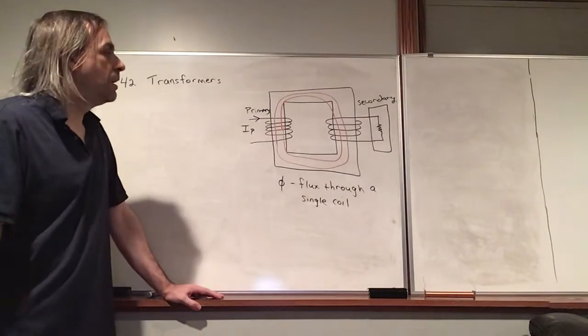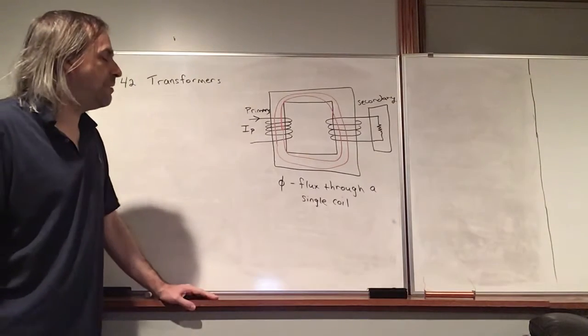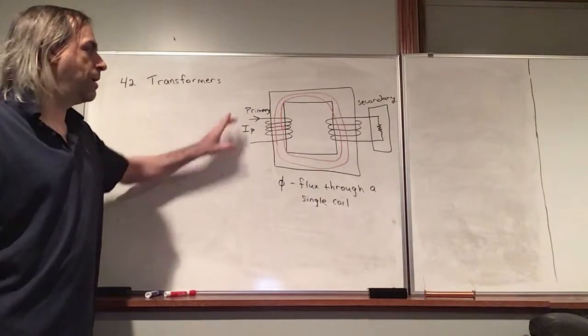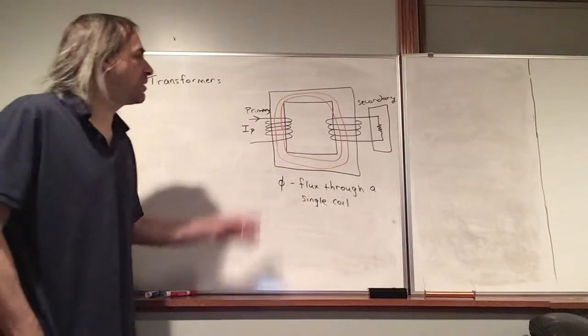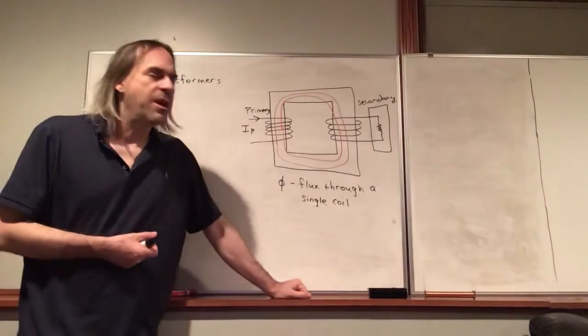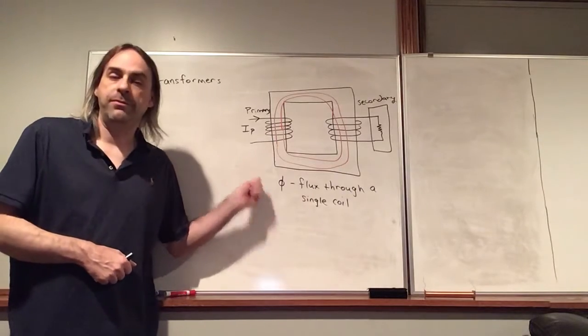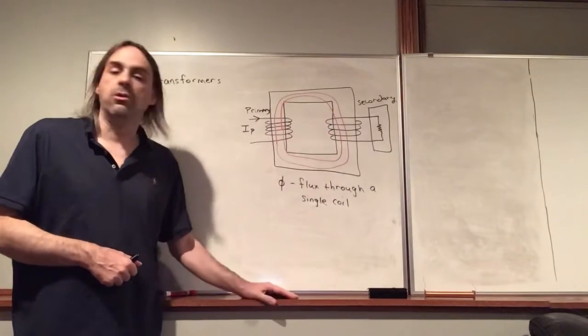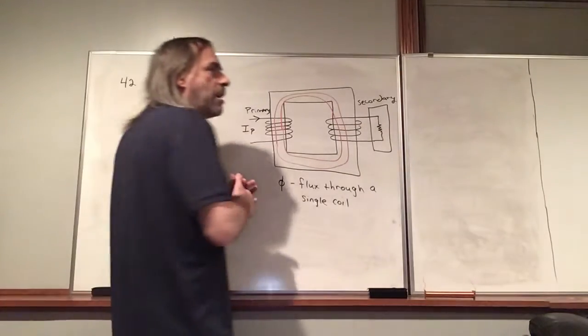Okay, so what happens, let's say we just had a battery here and we created a current in this coil. There's going to be a flux through the primary coil and a flux through the secondary coil, but nothing would happen if this was just hooked up to a battery. Because we have a flux through the coil, but that doesn't do anything. Or I'll write down Faraday's law.